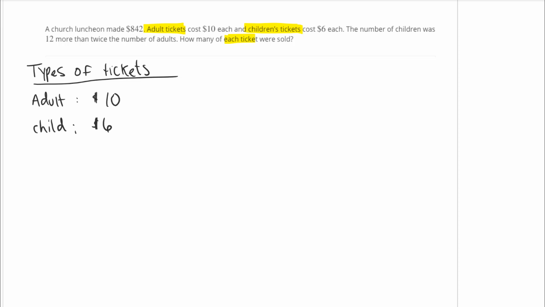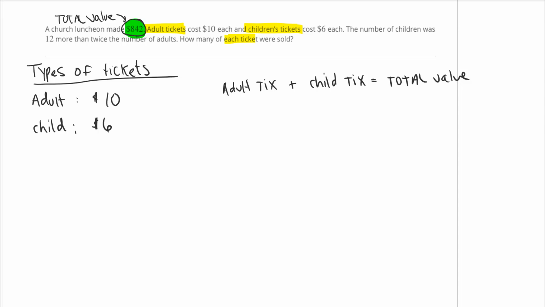So a combination of my adult tickets plus my child tickets is going to equal my total value. And here we have our total value of that 842. So I know all of this is going to equal my 842.